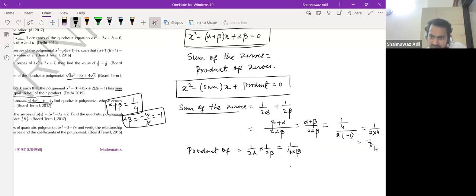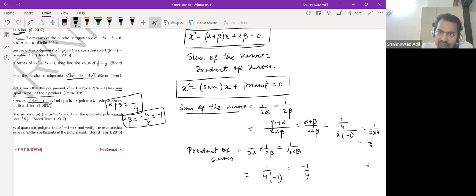This is the sum of the zeros. And the product of the zeros is 1 by 4 into alpha into beta, which is minus 1, so minus 1 by 4.